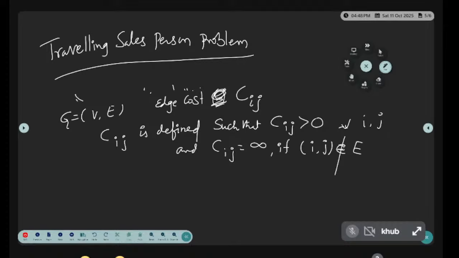Let mod V equal n, and assume n is greater than 1.